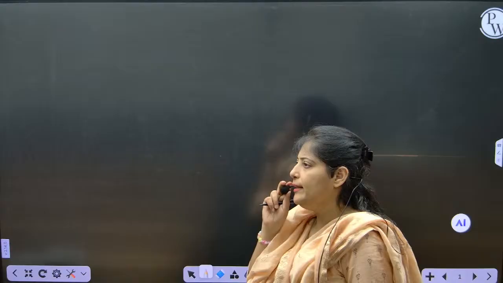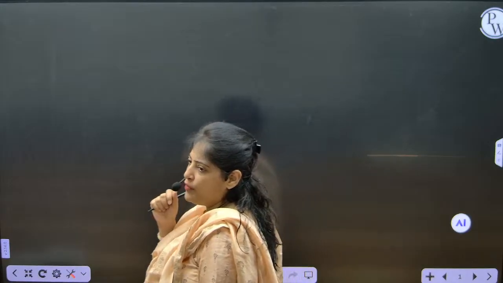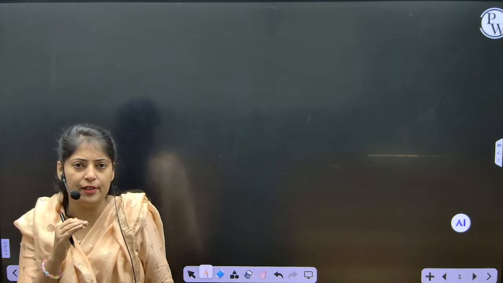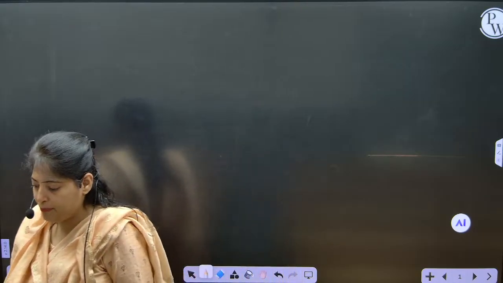We have already done transpose of a matrix. Yesterday we did a few questions on that. So today I'll just continue the same pattern, the questions only, because the more questions you do, anyhow you will be able to do the theory part.